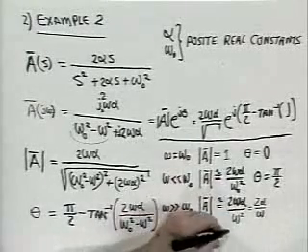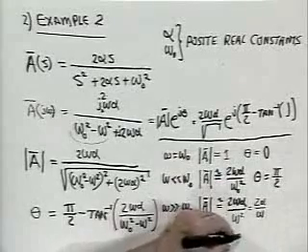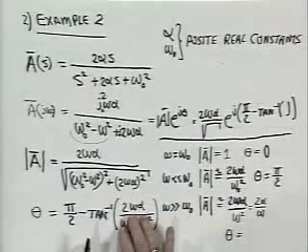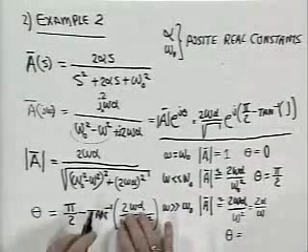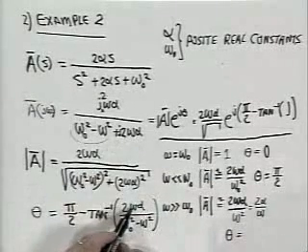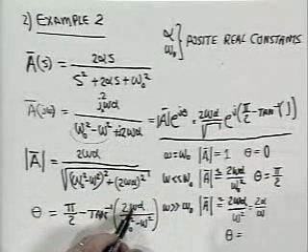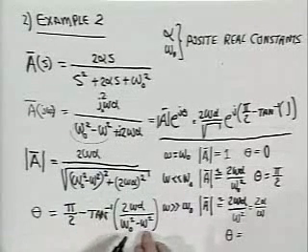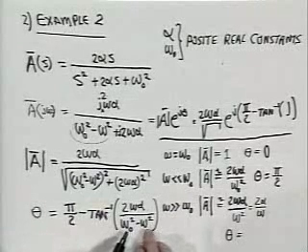And the angle in this case, let's look. We've got an imaginary part which is positive and small, and a real part which is negative and large.